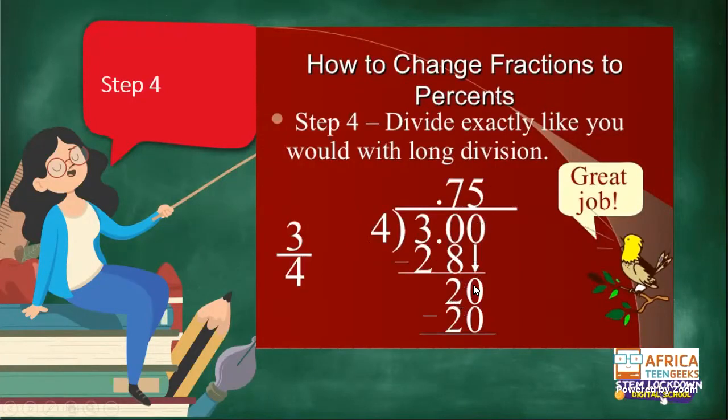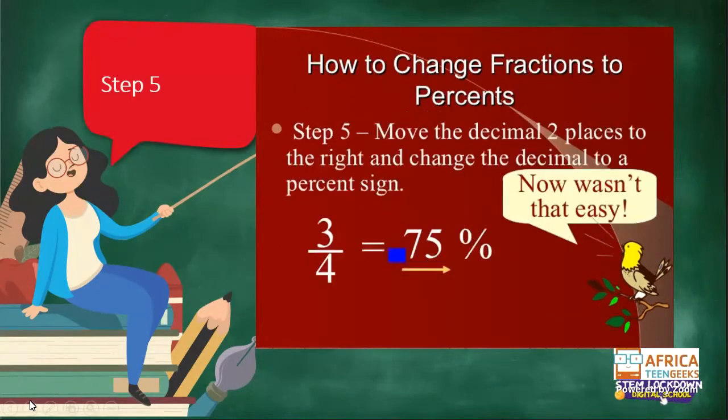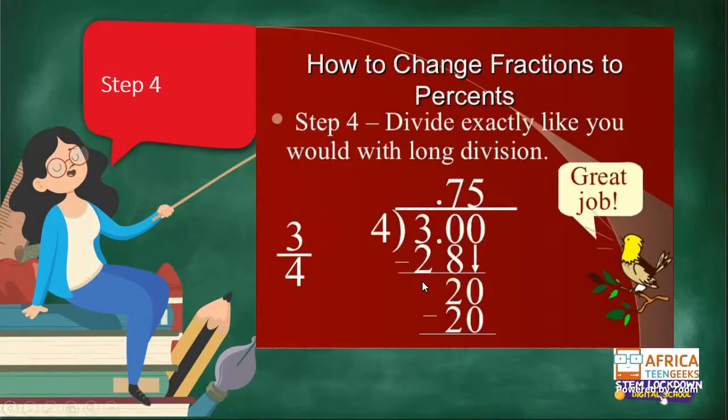You bring down the 0 and you have 20. You ask again how many times does 4 go into 20? It goes 5 times, and say 5 multiplied by 4, the answer is 20. You subtract the 20 from 20 and your answer is 0. There's no remainder. So there on top, that's your answer, 75%. That is how we convert.